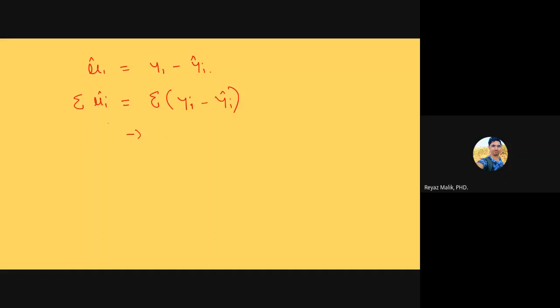So what is our purpose? Our purpose is that the sum of these residuals should be as minimum as possible. No doubt. But if we start calculating the summation of ui, problems happen.